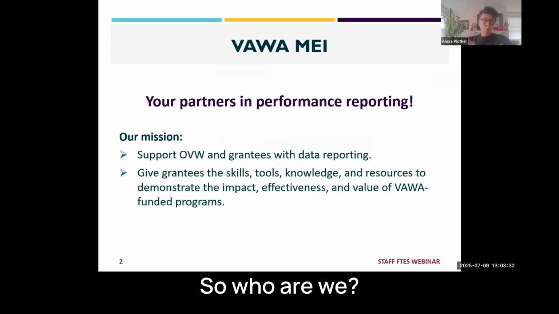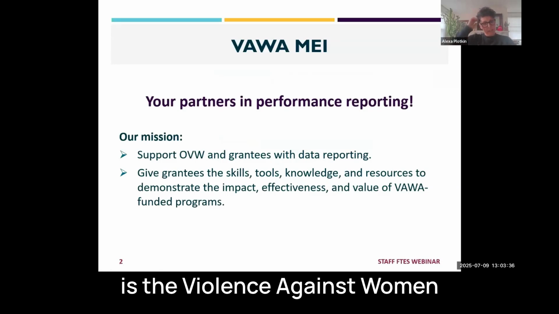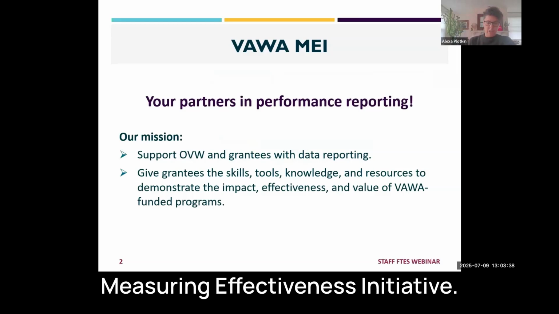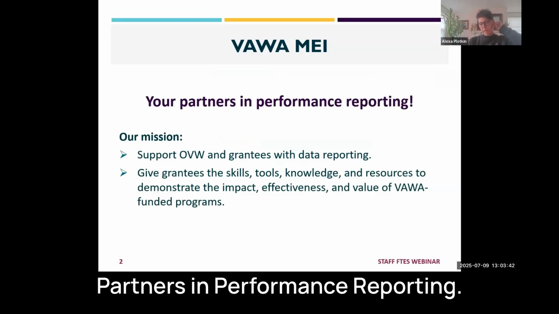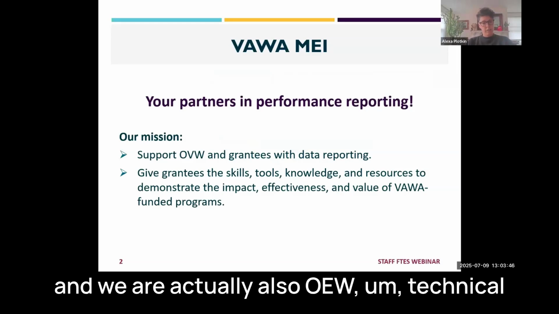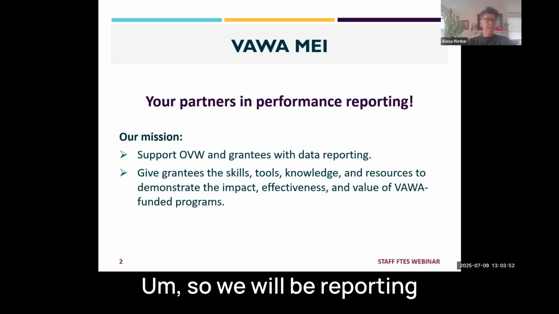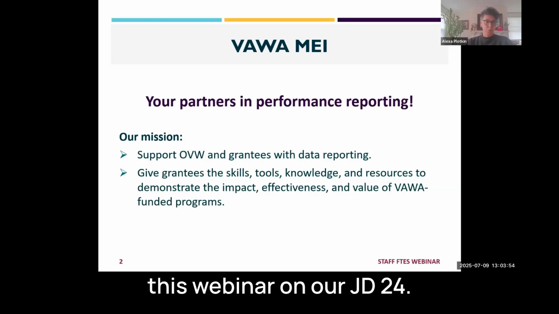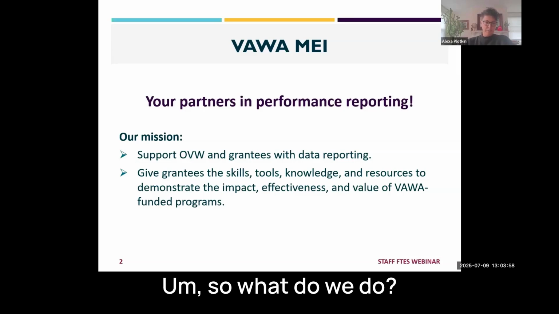Okay. So who are we? We are VAWA MEI, the Violence Against Women Measuring Effectiveness Initiative, and we call ourselves your partners in performance reporting. We are technical assistance providers, and we are actually also OVW Technical Assistance Grant Program grantees. So we will be reporting this webinar on our JD25 reporting form.